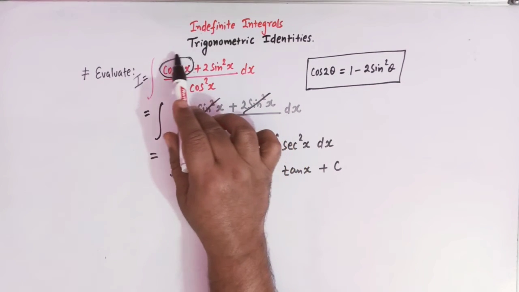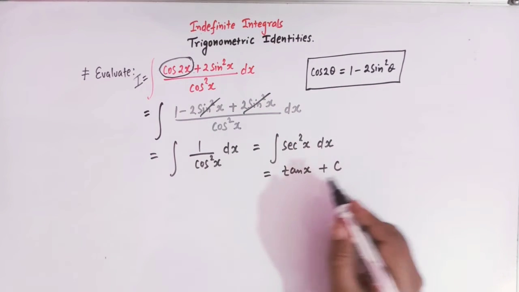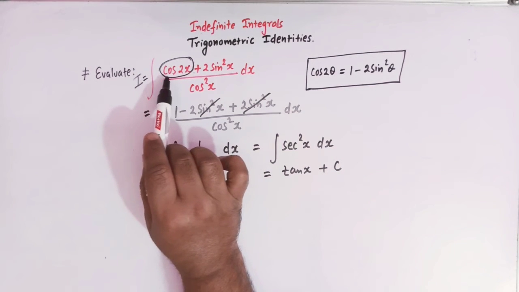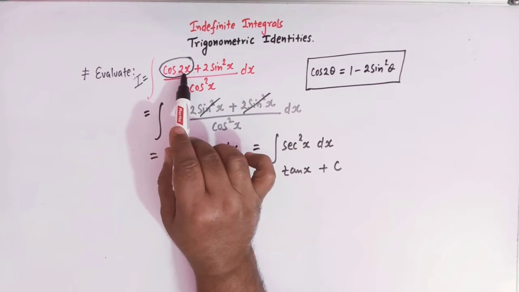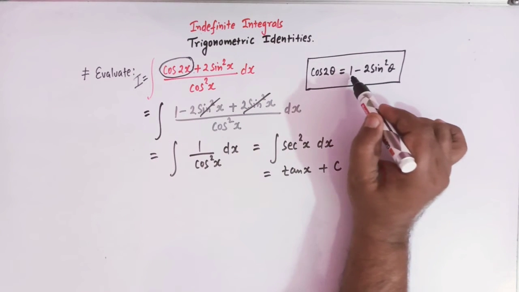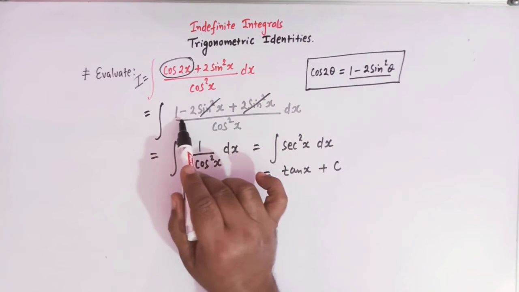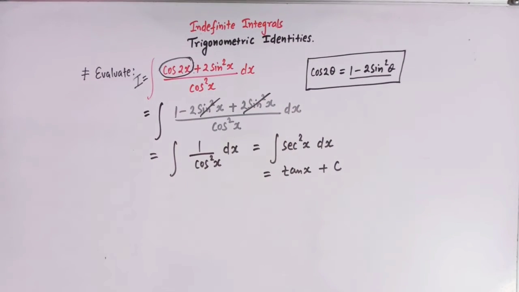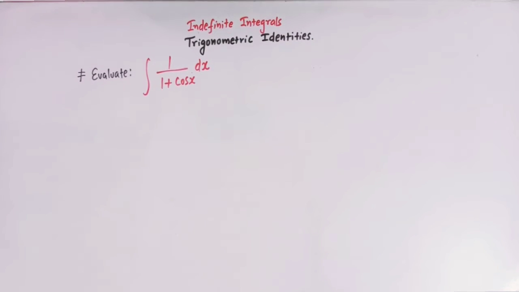So the integral of this function is equal to tan x plus c, and here we see how we can utilize the result for cosine 2x which is given by this expression, and how we can simplify this integrand, right? Now let us take this problem.